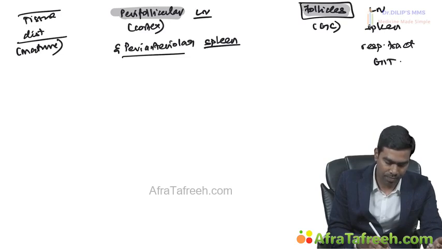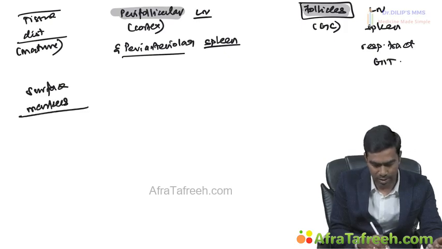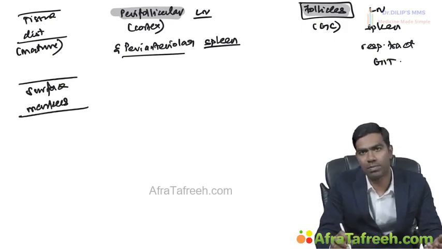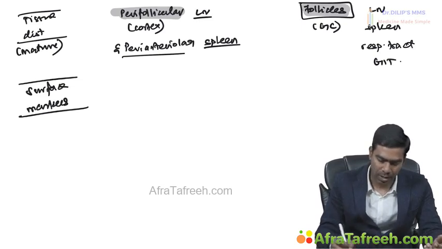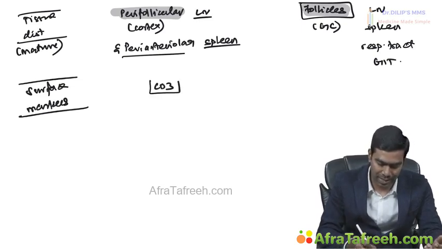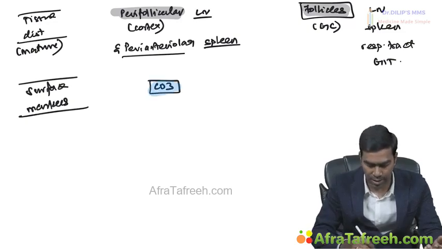And what are the surface markers? Surface markers of B cells and T cells. The moment you talk about surface markers of B cells and T cells, the first thing that comes to mind is CD3 for the T cell. CD3 is the most important.